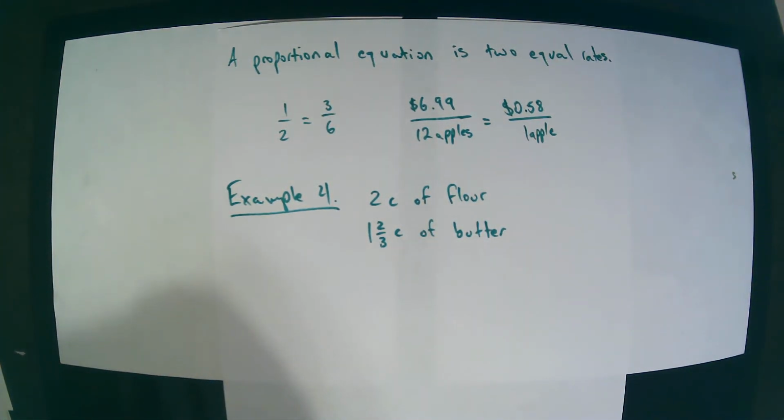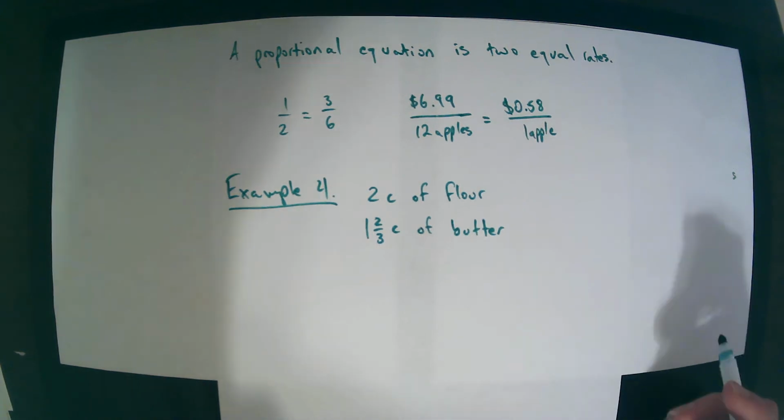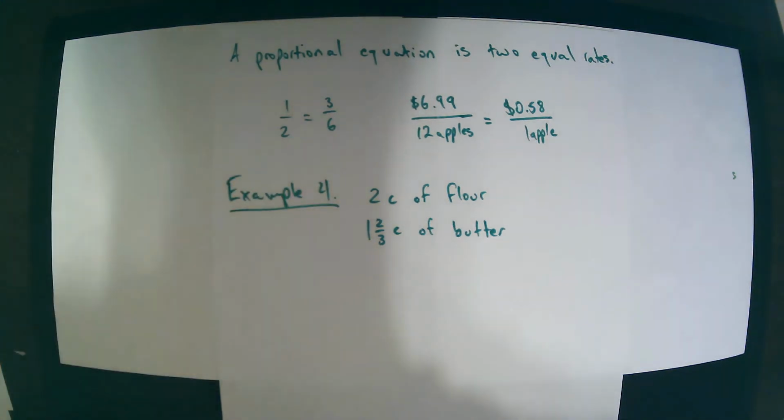Okay, so say you're making cookies or something, and you've got this recipe that calls for 2 cups of flour for every 1 2/3 cups of butter, among other things, right? But we're just focusing on these two for now.